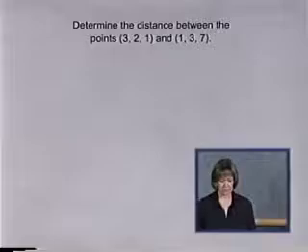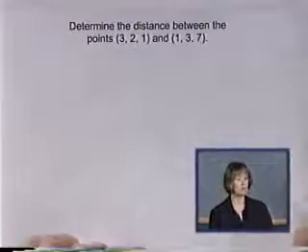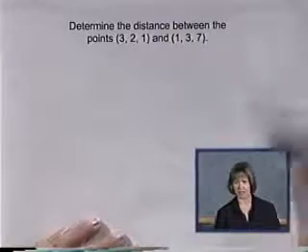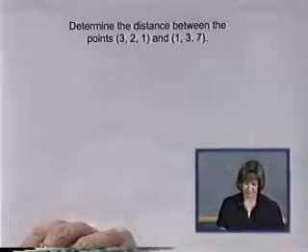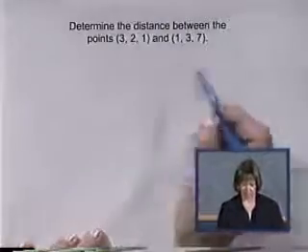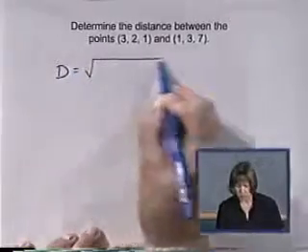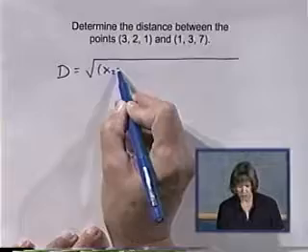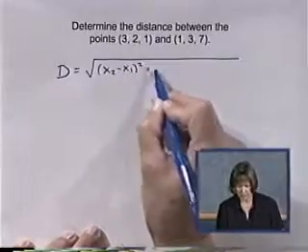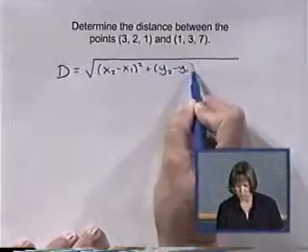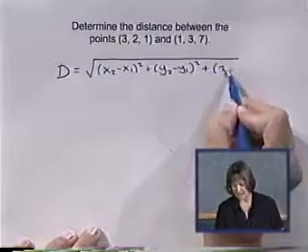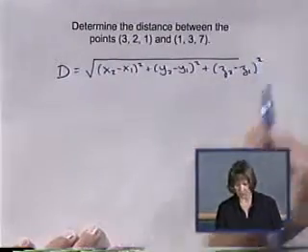First problem we want to do, very simple little problem, is determine the distance between the points 3, 2, 1 and 1, 3, 7. It's just like the distance formula you had back in Calc 1. So our distance formula is big D, our distance between 2 points, is the square root of x2 minus x1 squared plus y2 minus y1 squared. But now we have to add z2 minus z1 squared.